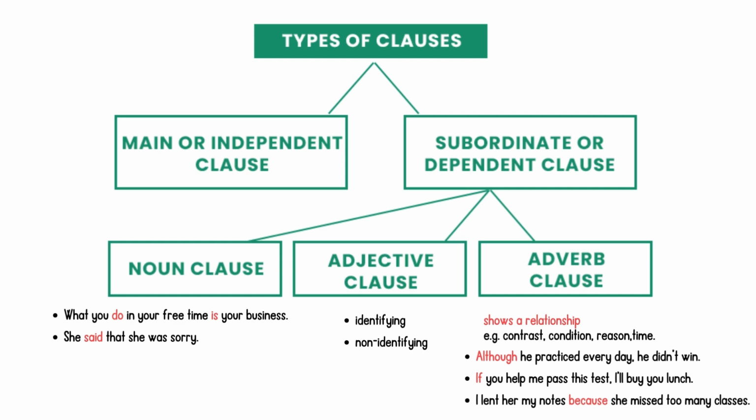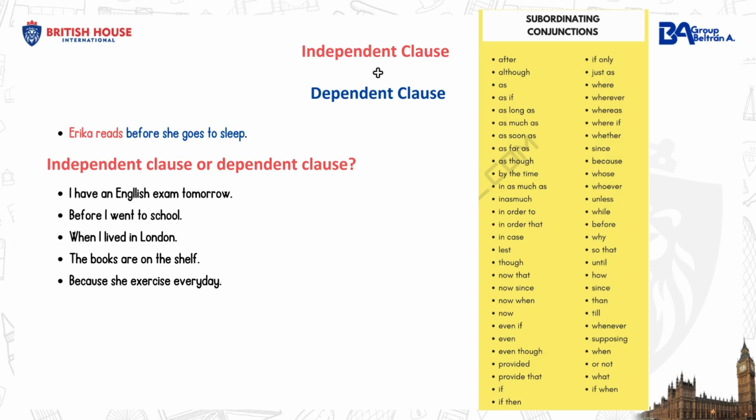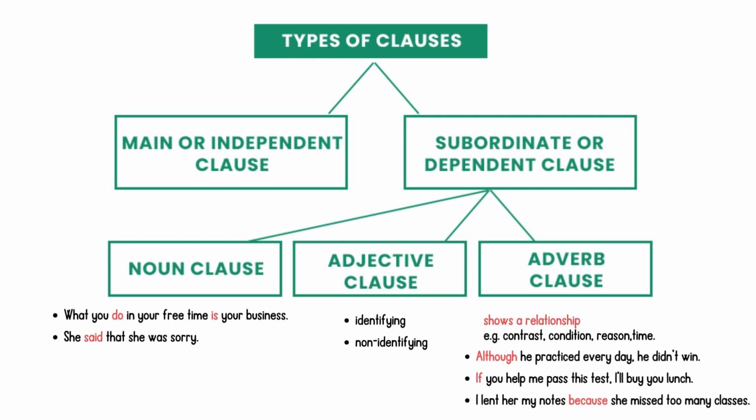And also you can recognize them because they start with subordinate conjunctions, right? So here you have the list. Wait a second. You have here the list. You have some examples using them, and that's all, guys.